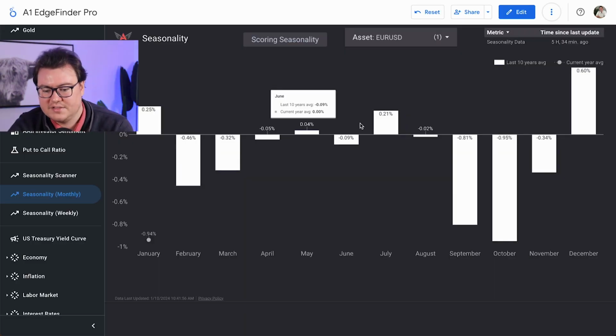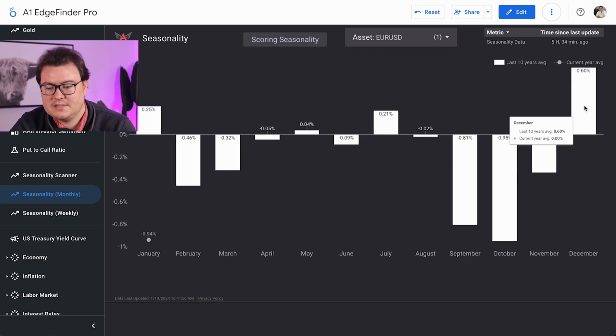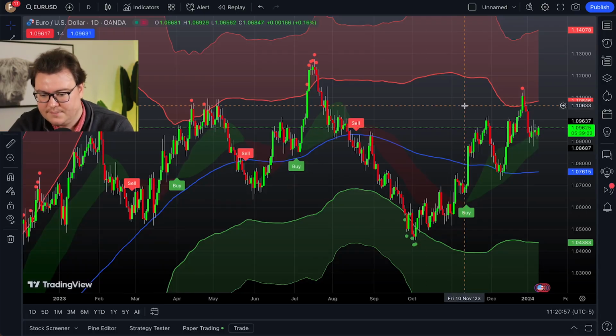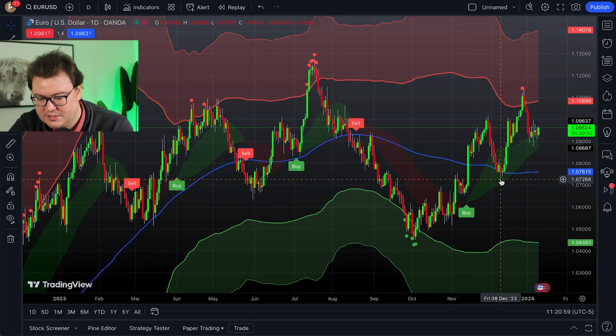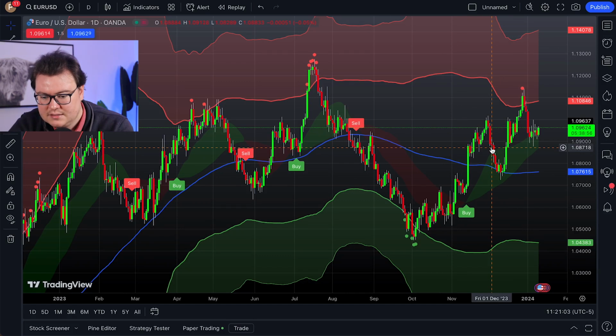What about the positive months? December is easily the most positive month of the year for the euro. So let's see what it did in December. In December, we started off, look, there's December 1st. That little red guy right there is December 1st.